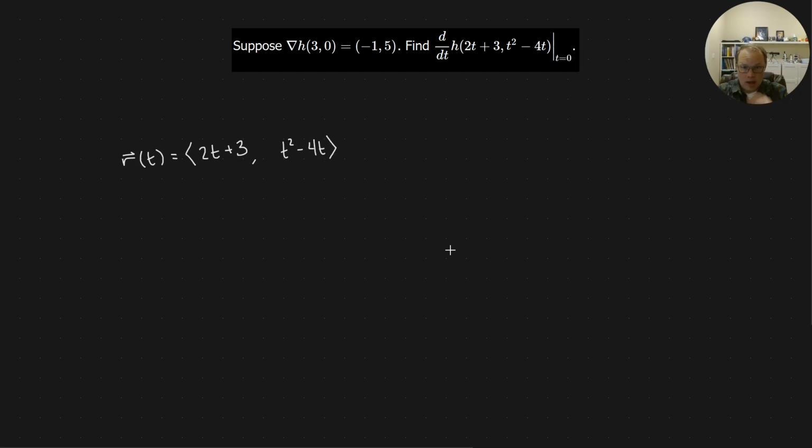Now what I want to do is plug that into my function h, and then take the derivative of that with respect to that innermost variable t. Now here's where we use the chain rule. According to the chain rule, this is going to be the gradient of function h evaluated at r of t. Maybe I'll write it just to be clear. And then I take the dot product of that with the derivative of r of t.